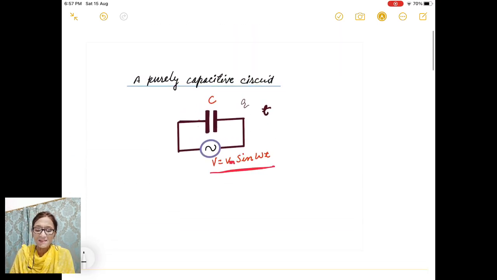Now, in an AC circuit, in the first quarter, meaning 1/4 of one time period, the energy of this external alternating voltage source is consumed by the capacitor while charging.